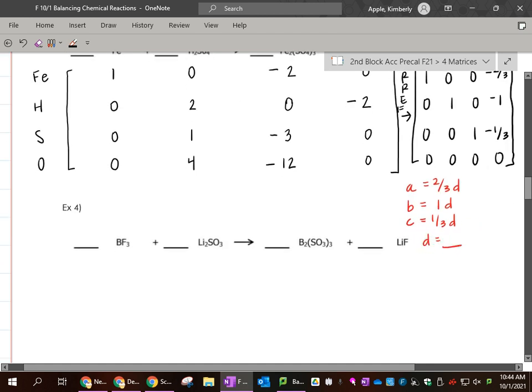D is whatever. So what's a smart value to pick there? 3. So you plug D back in, and here we'll have 2, here 3, here 1, and so your coefficients are 2, 3, 1, and 3.